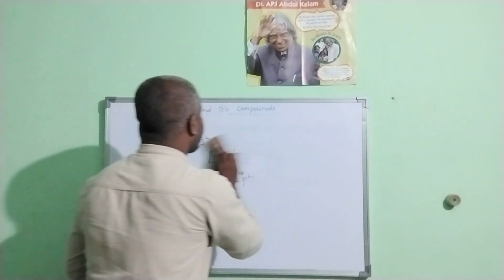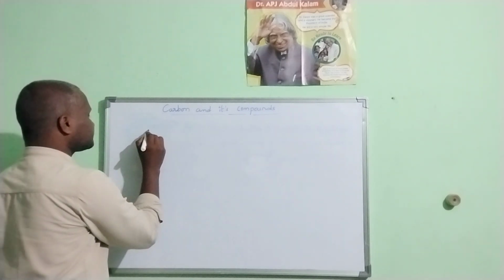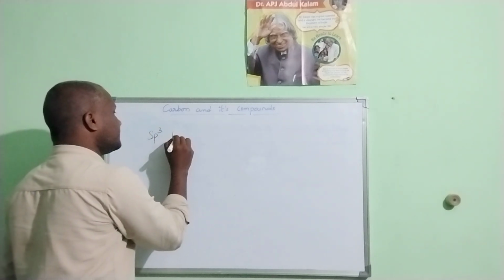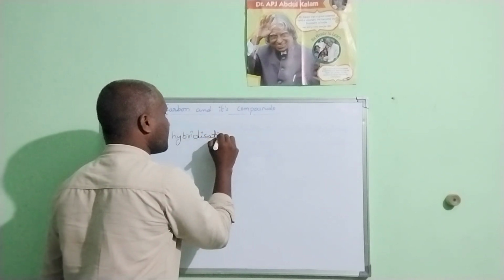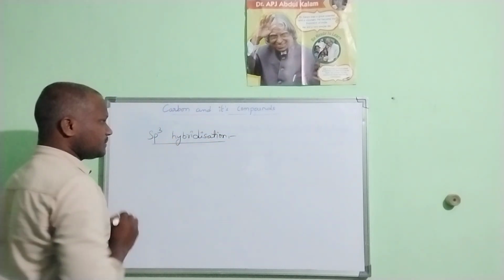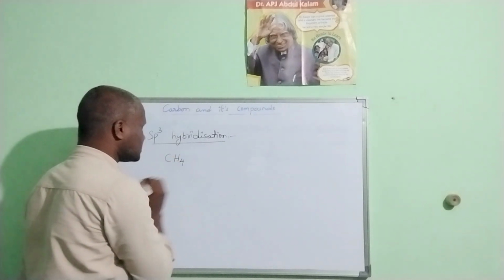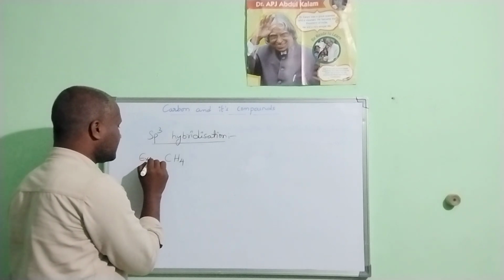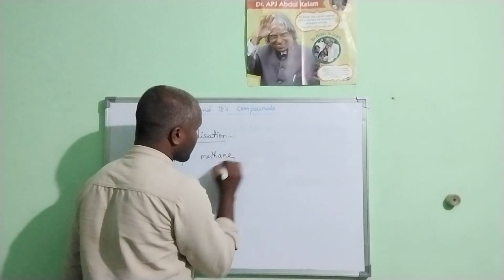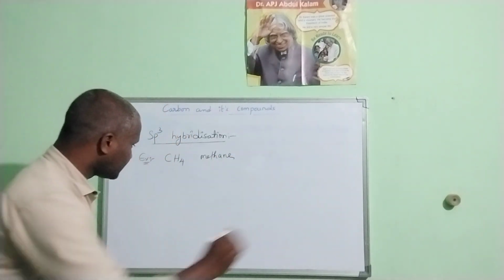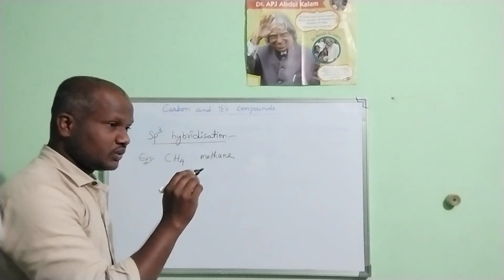First we will consider sp3 hybridization. sp3 hybridization can be seen in methane. As you already know, the atomic number of carbon is 6 and its electronic configuration is 2, 4.